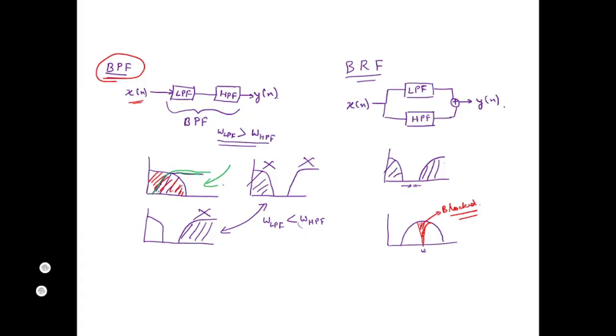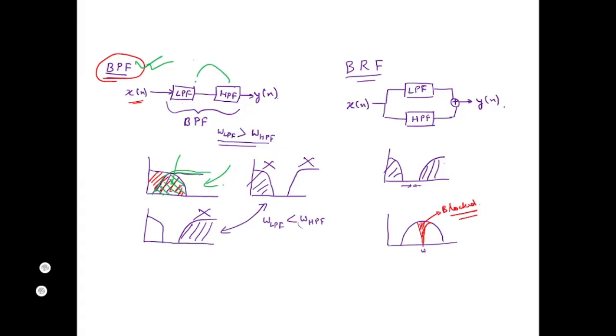So we are only left with this portion. Just by putting these in a sequential manner, a low pass filter followed by a high pass filter, we were able to design a band pass filter.